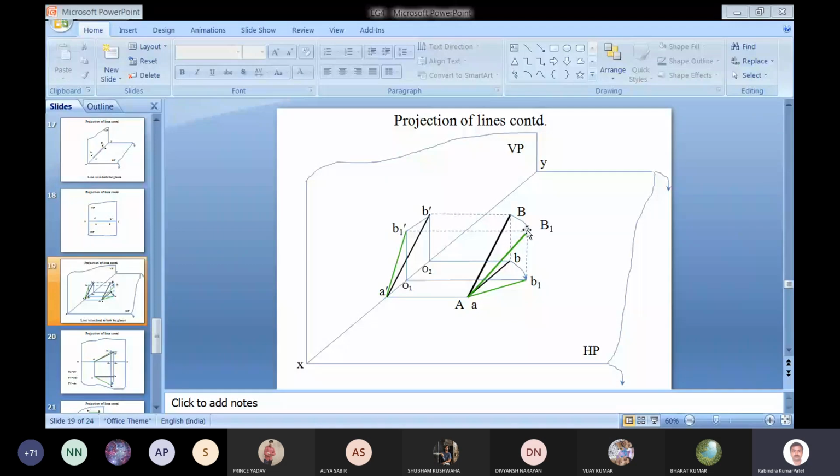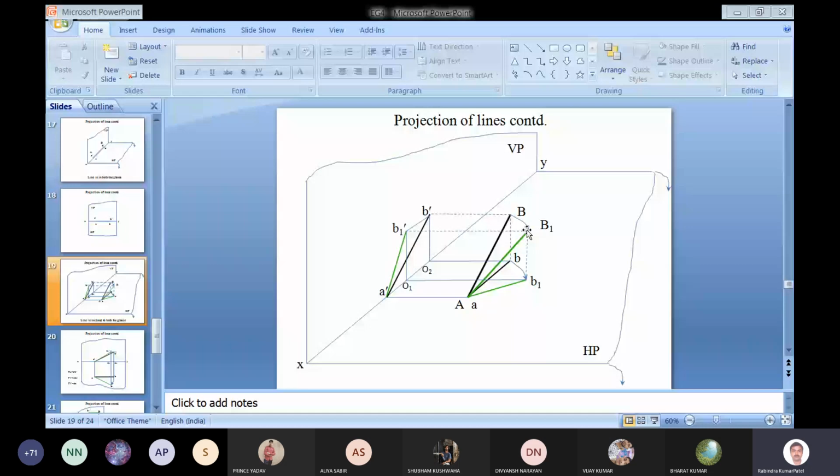So in this way, we can get the projection of a line which is inclined to both the planes. But we will do an exercise in this class where such a case is discussed, where the line is inclined to both the planes.